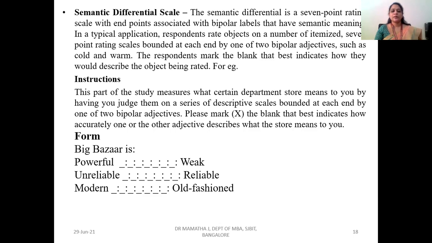Then they'll be picking, marking the answers between these two. Okay, if you say Big Bazaar is very unreliable, the other extreme will be reliable. You say the store is very modern or very old-fashioned. So two extreme adjectives will be given for each item. Okay, so this is called the semantic differential scale.